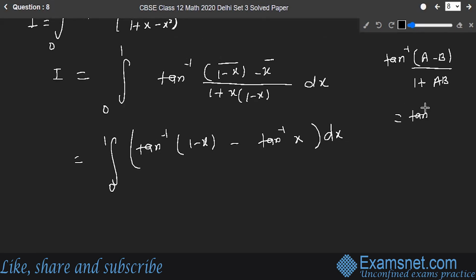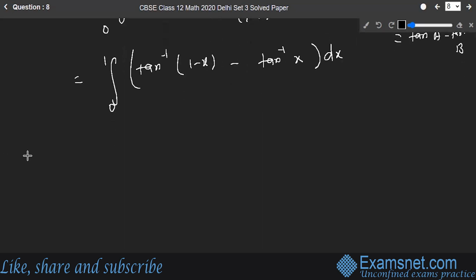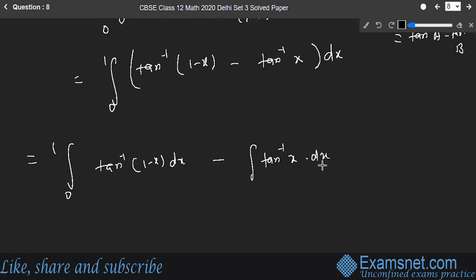This is the formula of tangent inverse a minus tangent inverse b. So this is equal to the integral from 0 to 1 of tangent inverse (1 minus x) dx minus tangent inverse x dx.